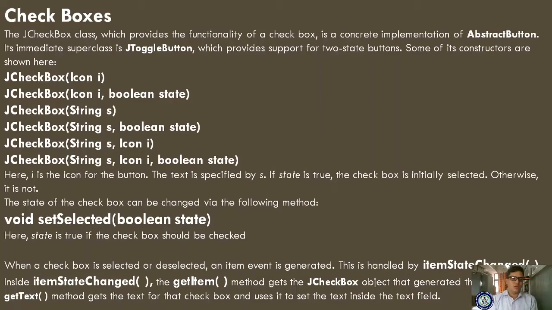Here the state is true if the checkbox should be checked. If you want to specify the state as checked, then you have to specify the value as true. When a checkbox is selected or deselected, an item event is generated. To handle these events, the itemStateChanged method will be used.